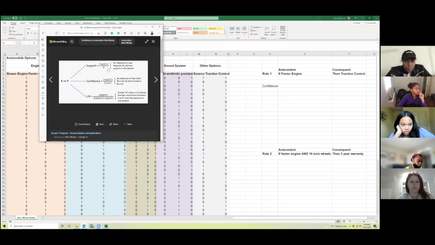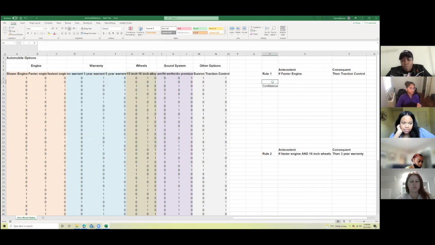So to find support, we find the frequency of X and Y. So the amount of cars we see with a faster engine and traction control. And we put that over the total number of records, or total number of cars. So support equals sum product.